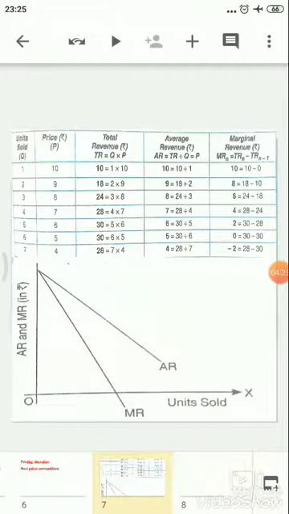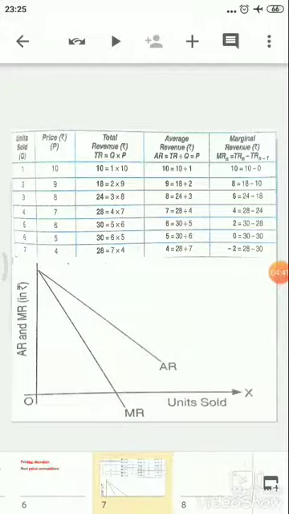So here we can see the graph. The graph shows that AR and MR both are falling, both are negatively sloping curves, but MR is always less than the AR. And AR will always remain positive. We know that average revenue will always remain positive.